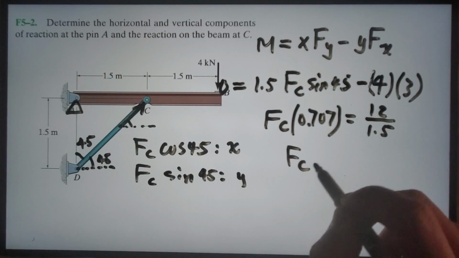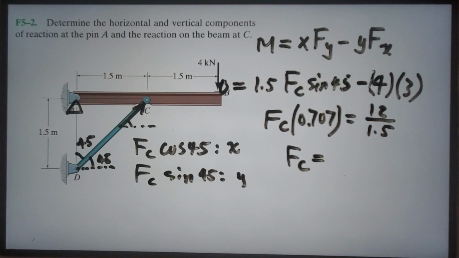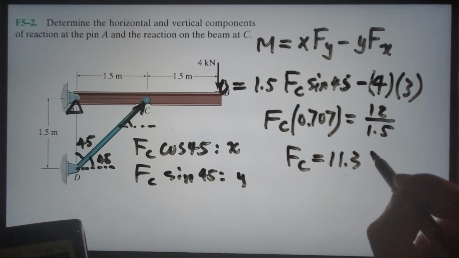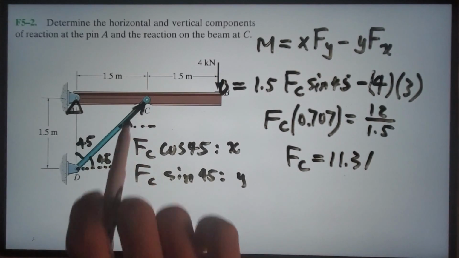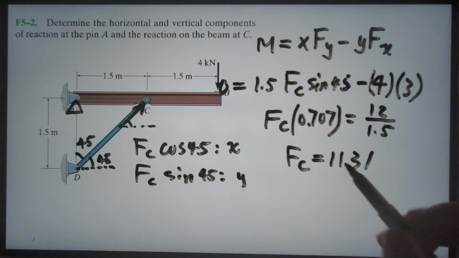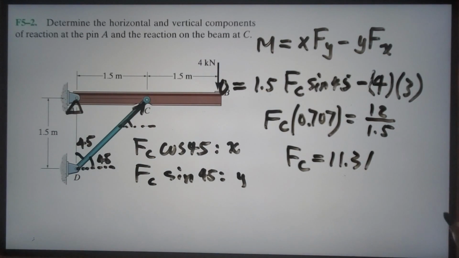And F at point C over here should be 12 divided by 1.5 and then divided by 0.707, that is equal to 11.31. So the force acting from this member toward C is 11.31 kilonewton.